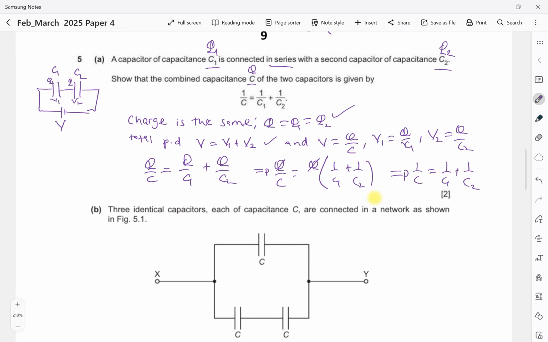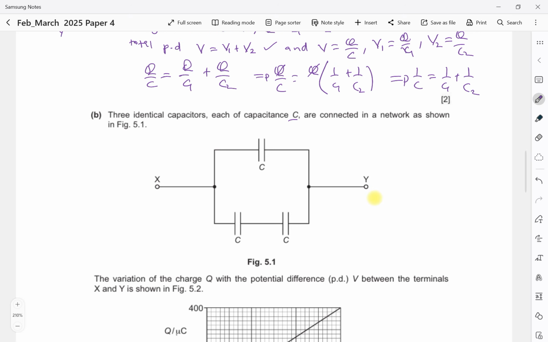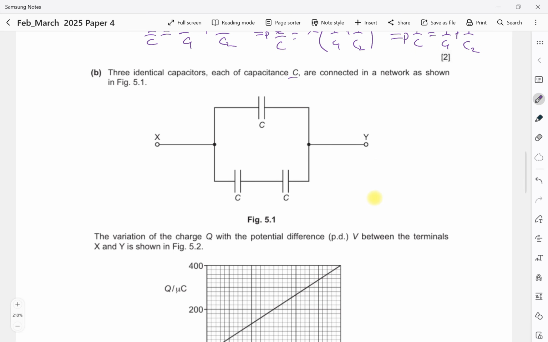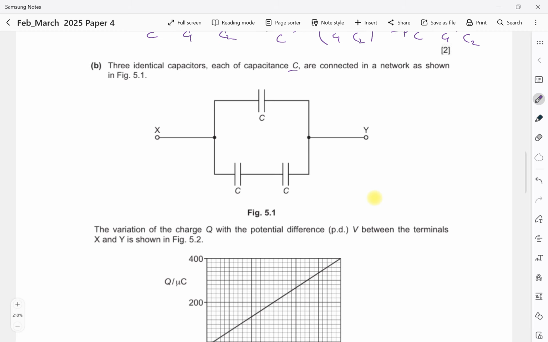3 identical capacitors, each of capacitance C, are connected in a network as shown in the figure here. So we have 2 capacitors in series and their combination is in parallel with the other one. For capacitors in series, their total capacitance is obtained from the reciprocals, and for capacitors in parallel, their total capacitance is obtained by summing up.